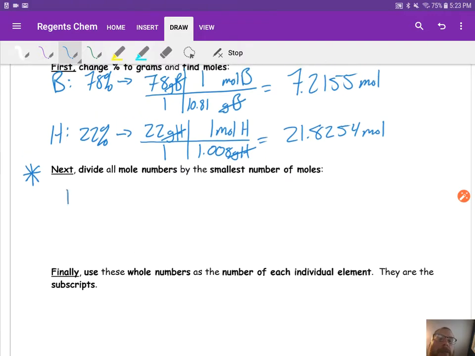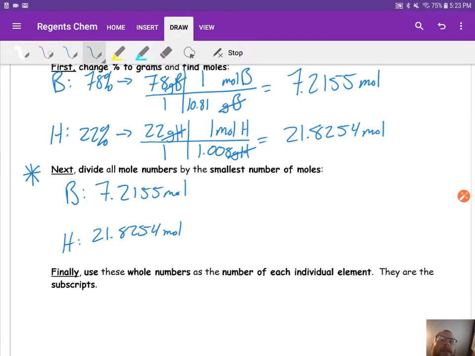So I'm just going to rewrite my information down here. So I have 7.2155 moles of boron, and then I have, for hydrogen, 21.8254 moles. Which number is smaller? The boron one, right?